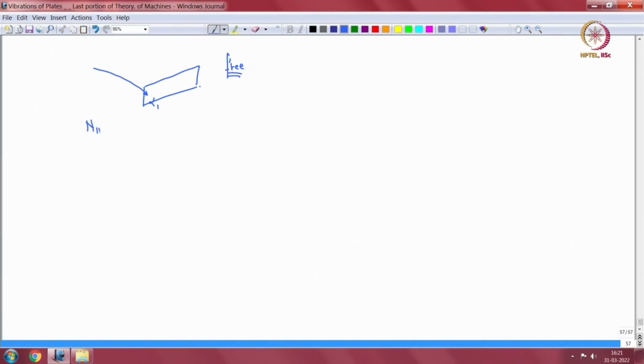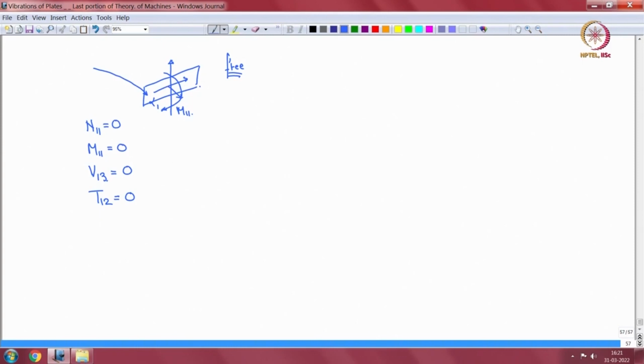You would have N11 equal to 0, then the moment resultant M11 equal to 0, and then the vertical shear resultant 0, and lastly the other shear resultant 0. That is a free edge.